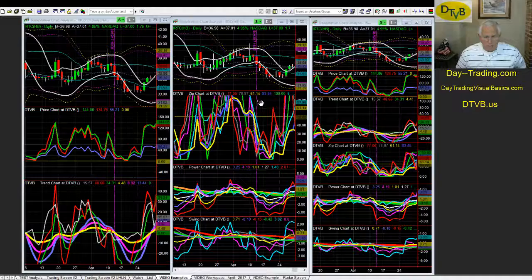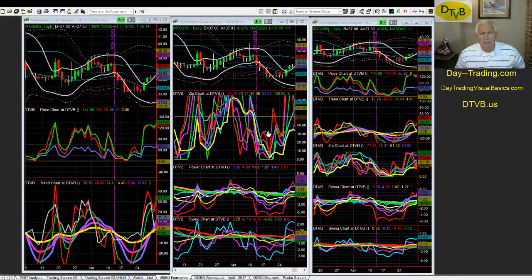The vertical pink lines identify the day that we have the red spike with the zip gray underneath the red spike.